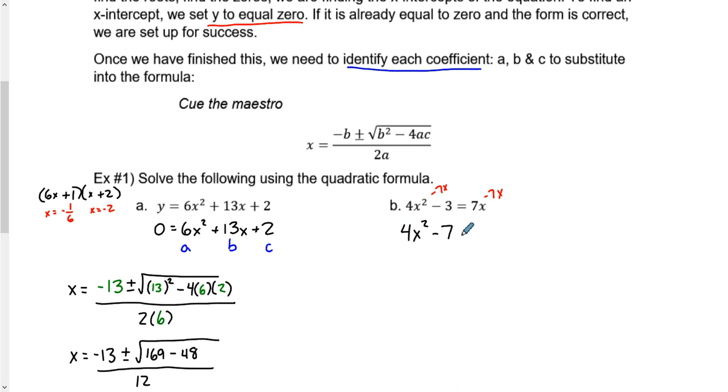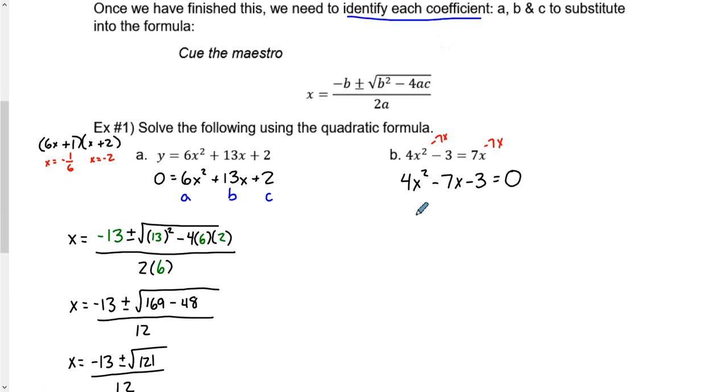Now, normally, we write it as our x squared first, then our x, then our constant term. It doesn't really matter which side equals 0. On this one, the 0 is on the left. This one, 0 is on the right. But what I need you to help identify is it doesn't matter. In form matter, absolutely.